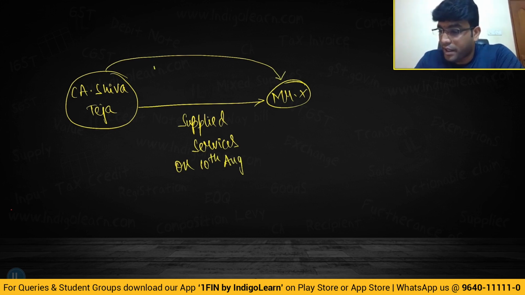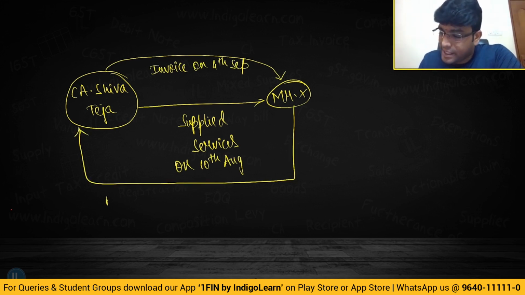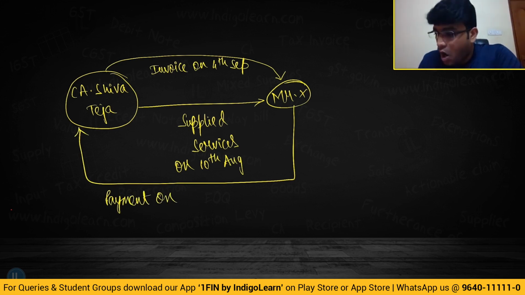After that, I gave the invoice on 4th September. And X made payment to me on 5th October.